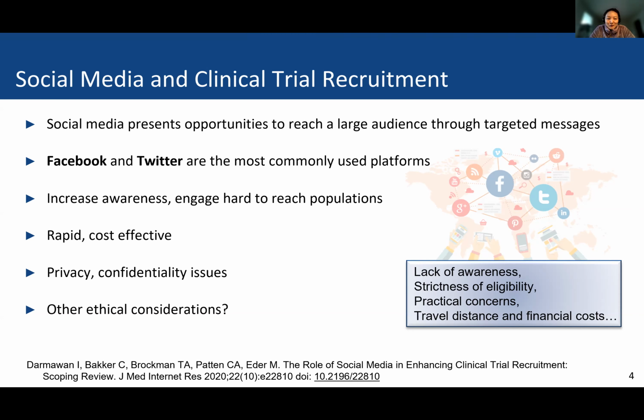Using social media can also increase awareness, and it's easier to reach populations. No need to mention that it can spread messages rapidly, and without traveling, it can be cost effective. But definitely there will be some concerns that people might bring up, like privacy, confidentiality issues, and other ethical considerations.